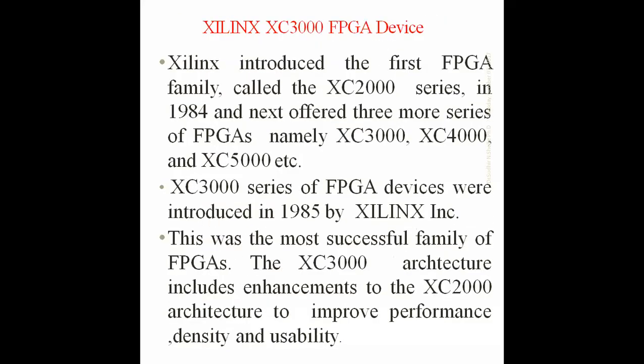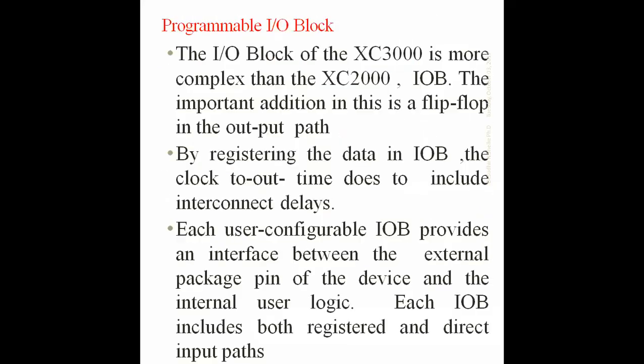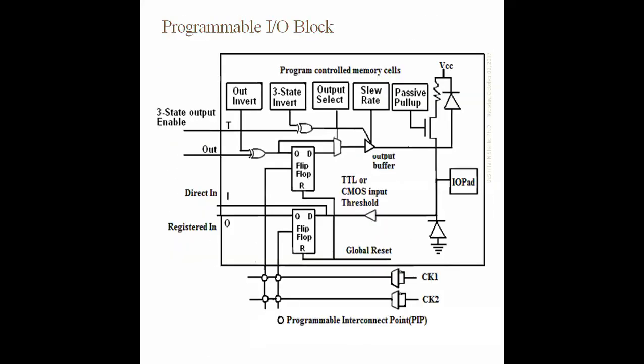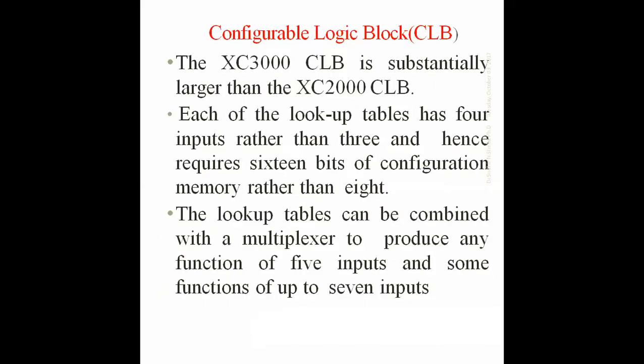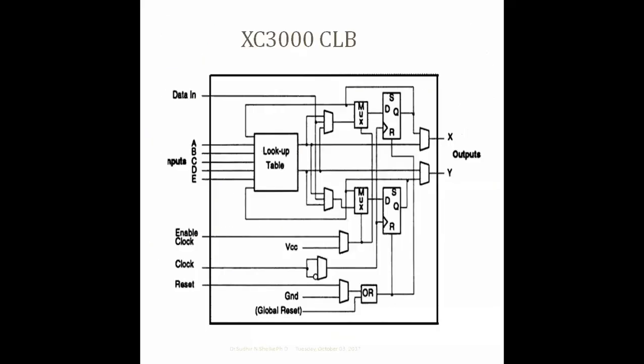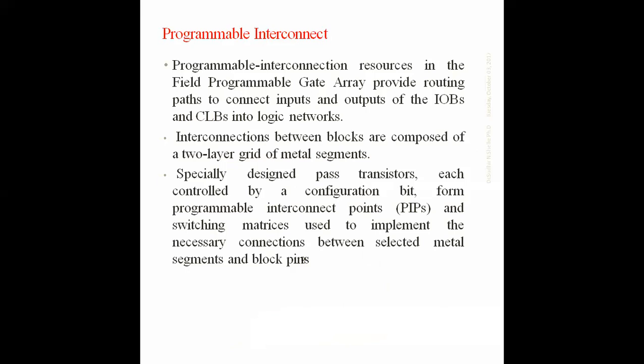Then the Xilinx XC3000 FPGA device. What are the things in that device? What is the architecture of that? I may not go into detail on these. What is meant by a configurable logic block? What is there in the configurable logic block? The XC3000 CLB block, programmable interconnection.